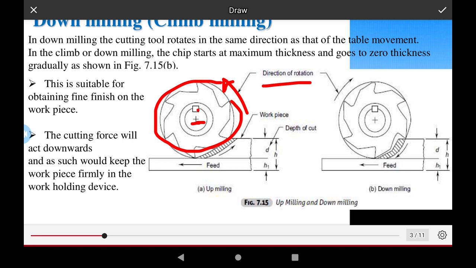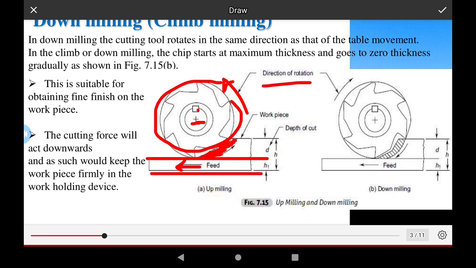This shows the working of the tool performing the cutting operation on the workpiece.